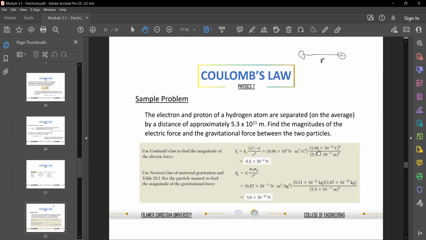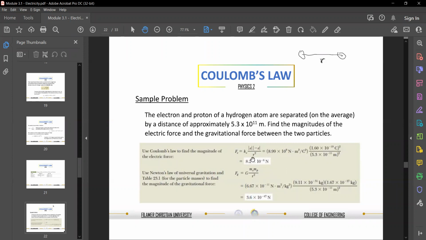Then you have 1.6 times 10 raised to negative 19, all over 5.3 times 10 raised to negative 11. This is our radius. Multiplying, 1.6 times 1.6 is the same, but of course it is a magnitude, so we consider it positive. So e times e is just e squared. That is 8.2 times 10 raised to negative 8 newtons. So this is the electric force.